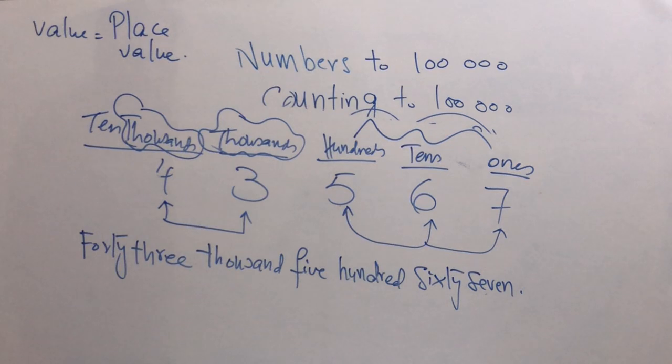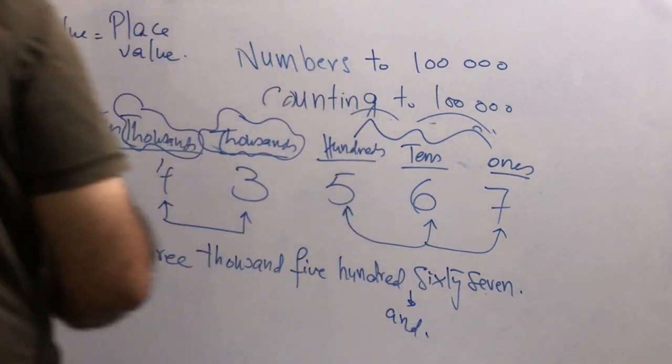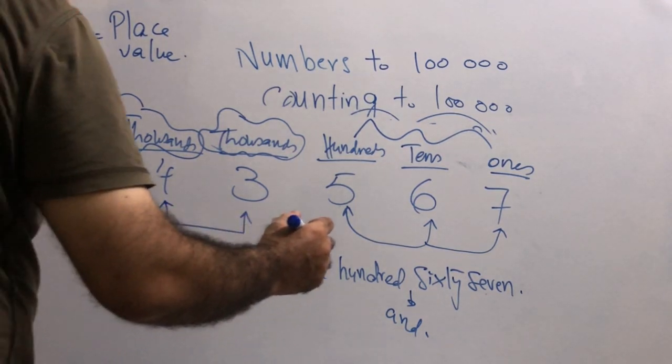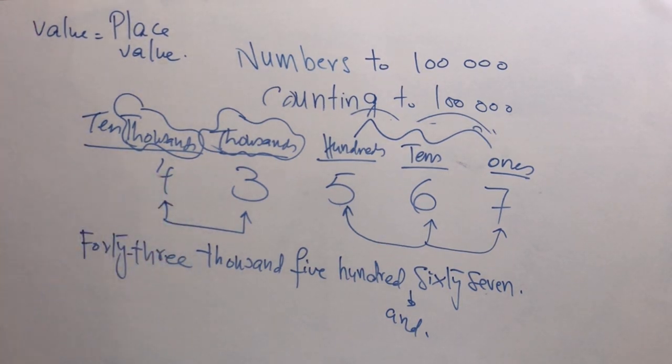Okay, so 43567 we can read it like 43,567. If you put and, no problem. If you don't put, still it is the same. Okay, 43,000, they have put a hyphen here. If you don't put, no issues. 43,567 is the same like 43,567. There is no difference.